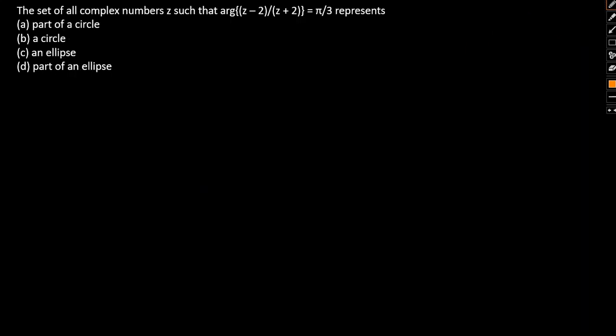The set of all complex numbers z such that the argument of (z minus 2) by (z plus 2) is pi by 3 represents what? So what this equation actually represents: we have argument of (z minus 2) by (z plus 2), and it's given that this is pi by 3.